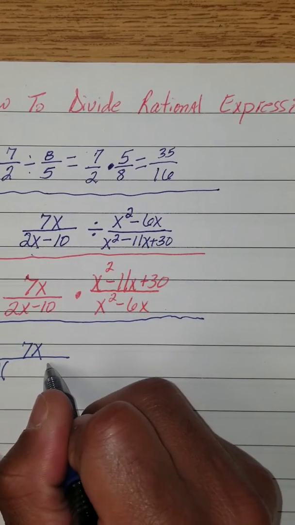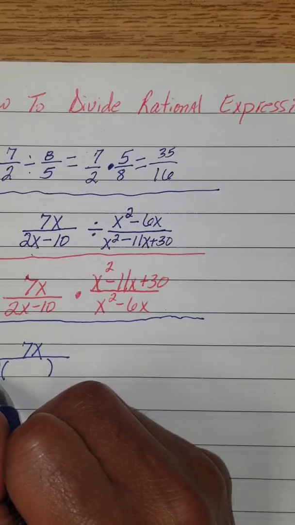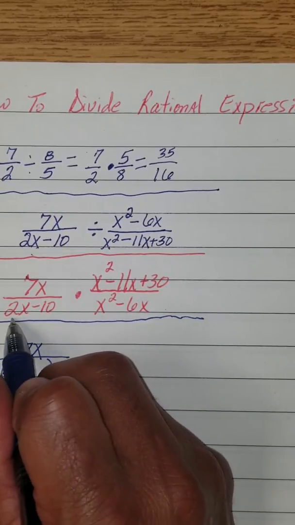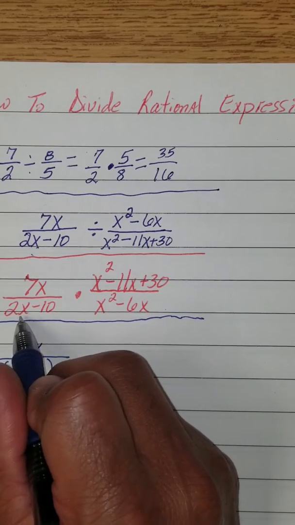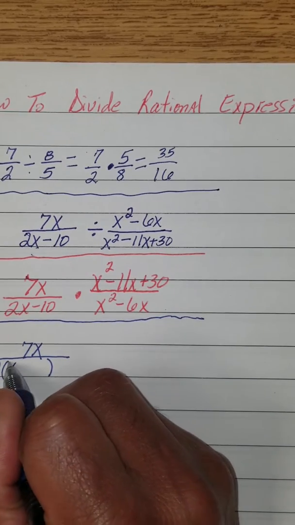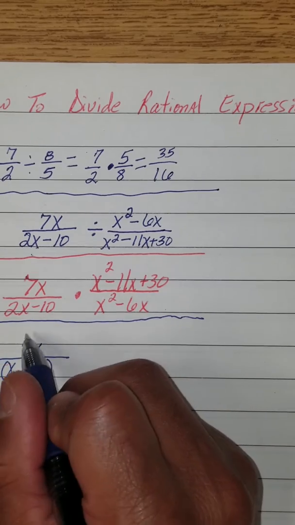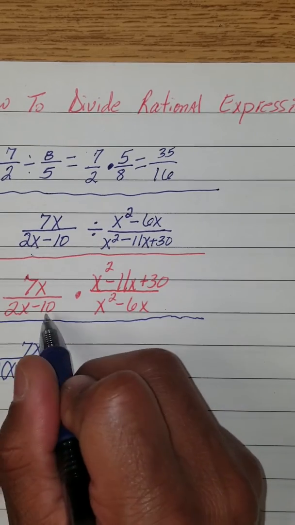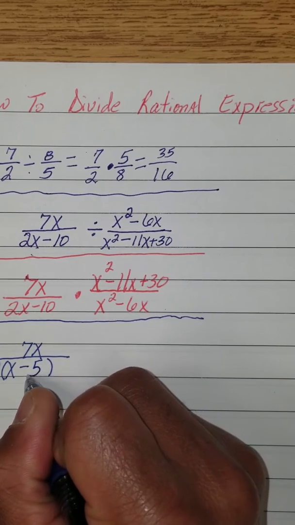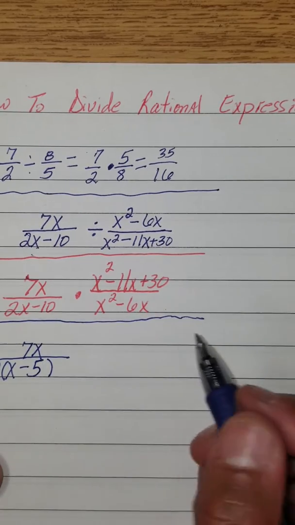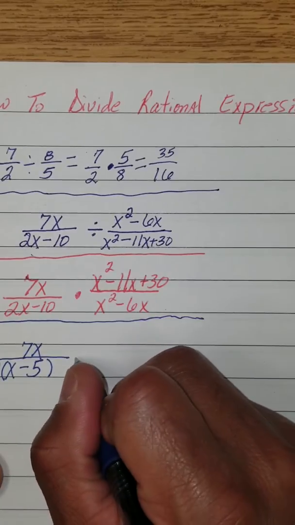When I factor out 2, I'm going to take the same 2 and divide each one of these by 2. So 2x divided by 2 leaves me with x. Bring down my minus sign. 10 divided by 2 gives me 5. This is how you factor, guys.